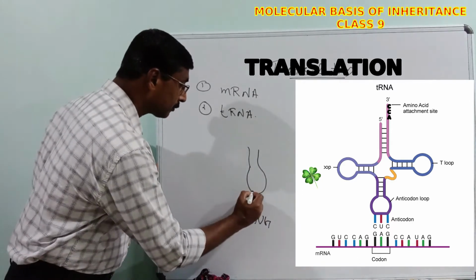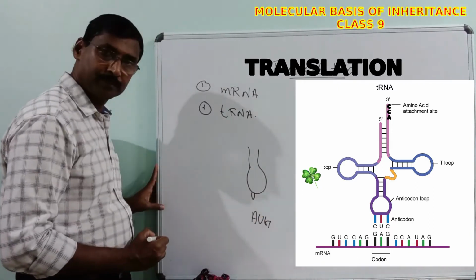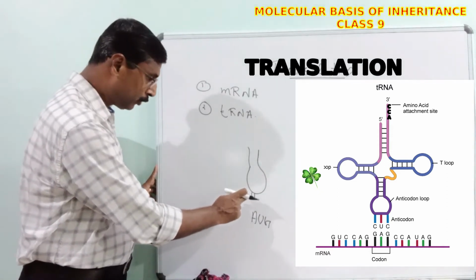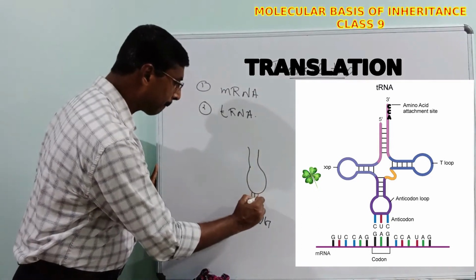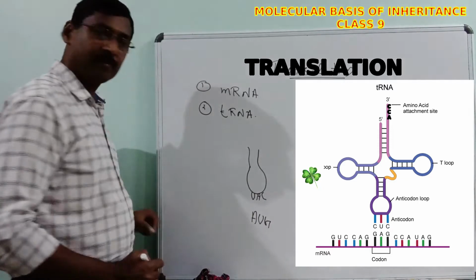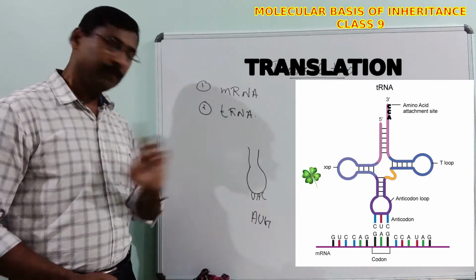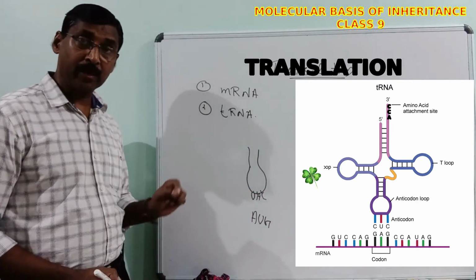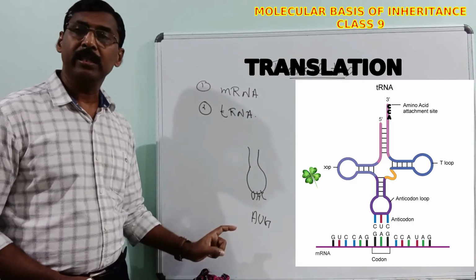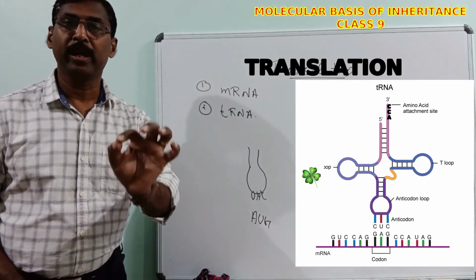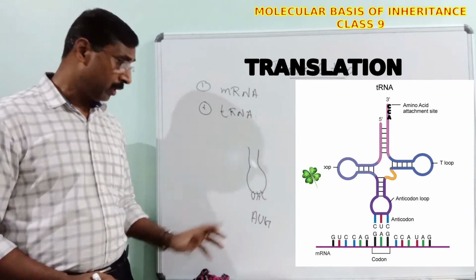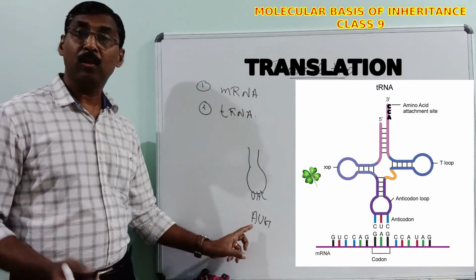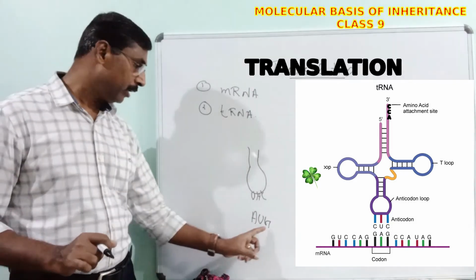It should be U, because the complement of adenine is not thymine, it is uracil, U, and A, C. So UAC is the anticodon of the transfer RNA which carries the amino acid methionine, because only this anticodon can read the code for methionine, that is AUG.